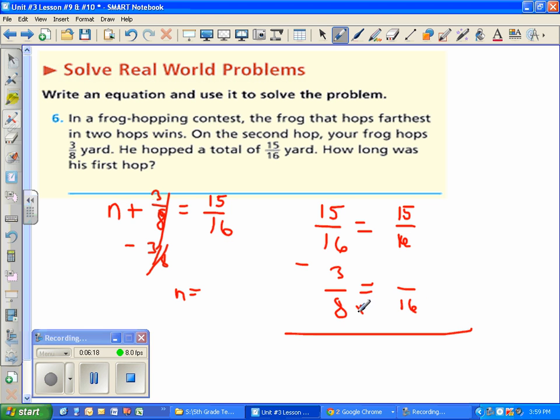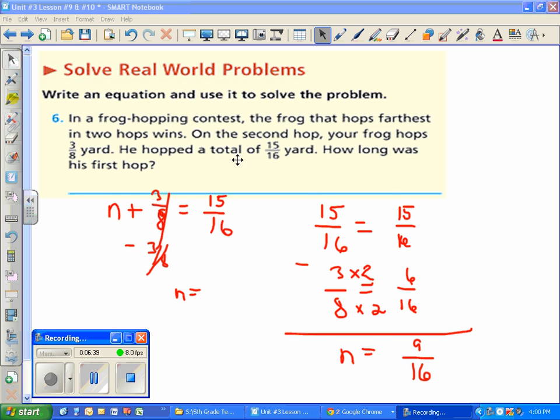Eight times 2, 3 times 2 is 6. 15 minus 6 is 9 over 16. So n would have to equal 9/16.